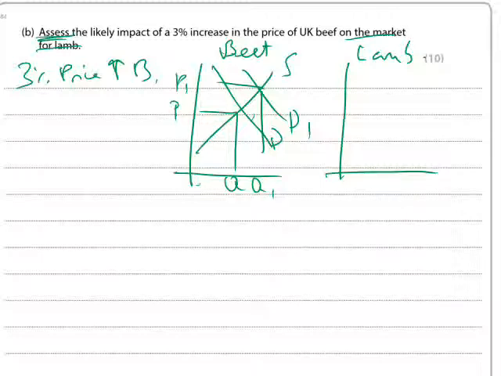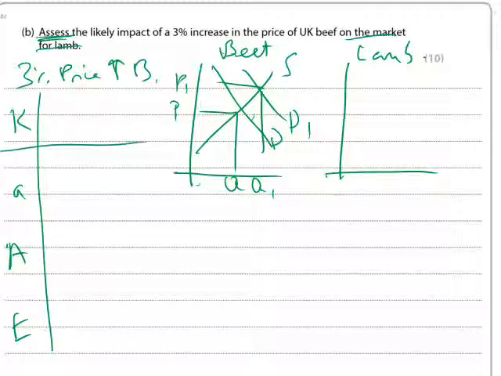Now, what we would have is, if these are substitutes, and if you think about the K, A, and E in this question, what is the definition for XED, which would be the percentage change in the quantity demanded of good A over the percentage change in the price of good B. The application would be to identify lamb as a substitute.